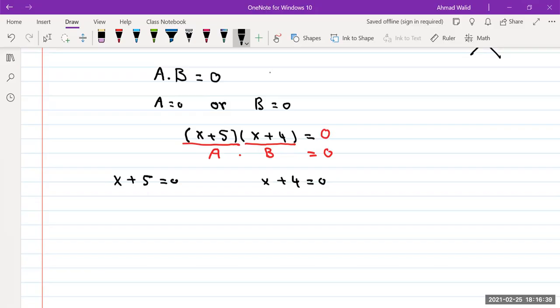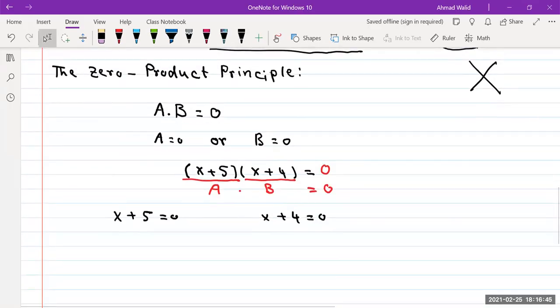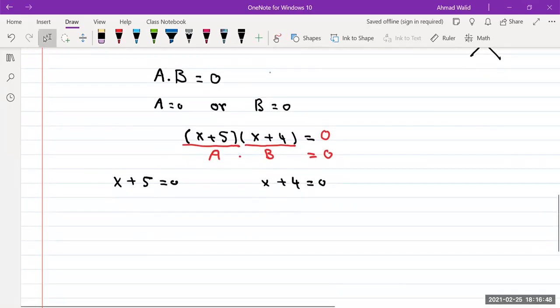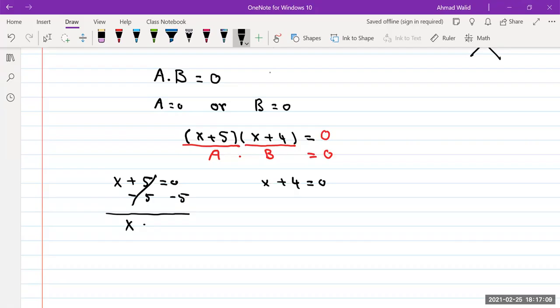But here I introduced it because it's college algebra, and this is the reason why we are doing this: we have the zero product principle, correct? Or in easy language, like they always told you, set each parenthesis equal to 0. Then solve them. x plus 5 equals 0. Of course, to solve for x, you subtract 5 from both sides, and you end up with x equals negative 5. And here, if you subtract 4 from both sides, you end up with x equals negative 4.